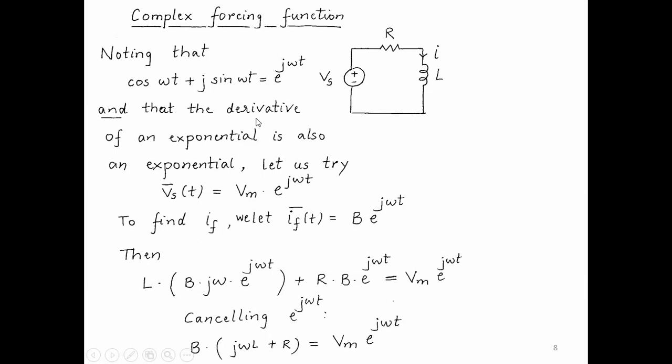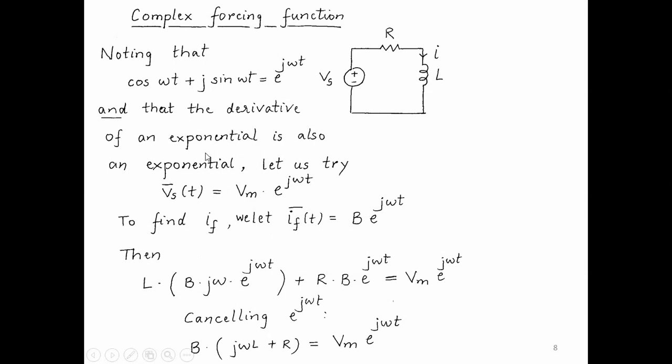We do this because of the property we want to exploit: the derivative of an exponential is an exponential, and this complex forcing function is exponential. I put a bar over this because now it is a complex function, so it will have a real part and an imaginary part.